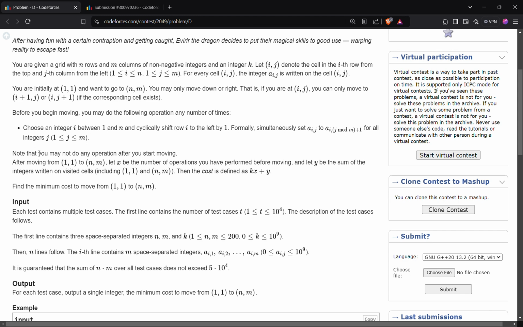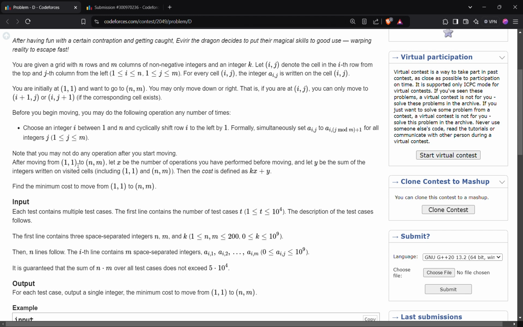Note that you may not do any operation after you start moving. So we have to do the operations before we start moving from (1, 1) to (n, m) by only two possible directions, right and down.